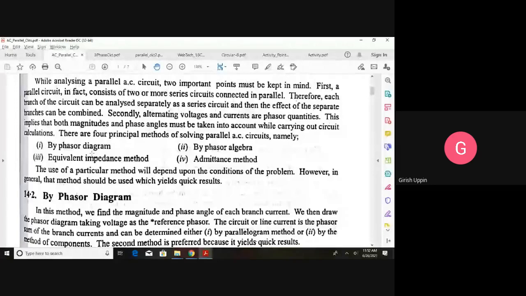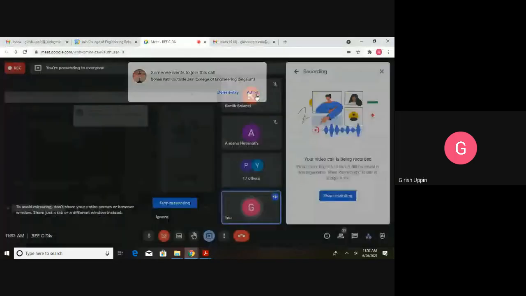If it is an RL circuit, current will lag the voltage by an angle phi, and if it is an RC circuit, current will lead the voltage by an angle phi. That angle phi can be calculated. And if it is an RLC circuit, depending upon whether XL is more or XC is more, we can get the phasor diagram. With that understanding, we can draw the phasors, and using those phasors, we can solve.